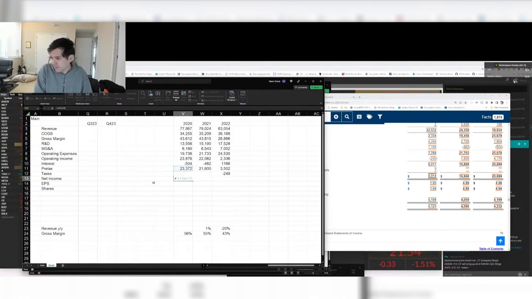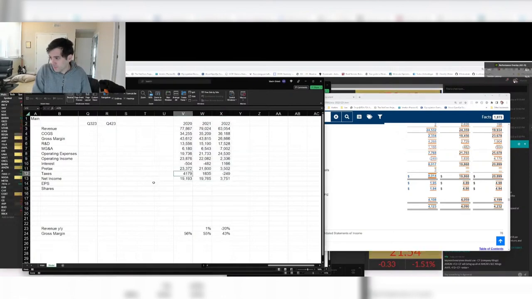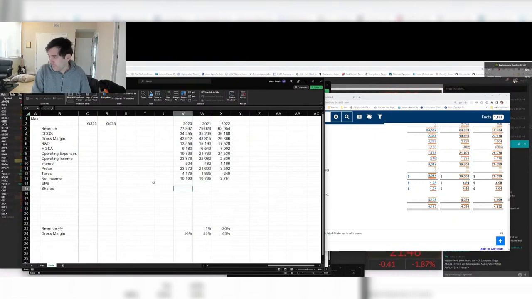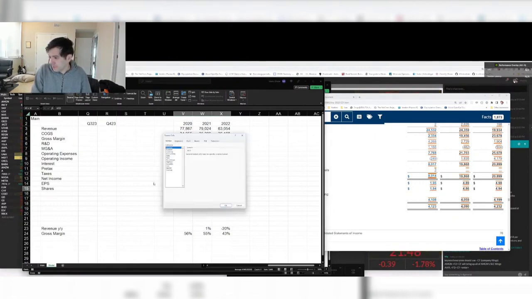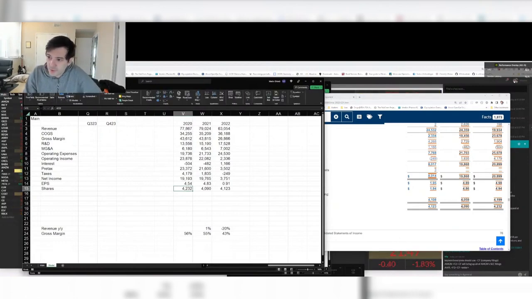Again, the non-GAAP concept. We have to basically adjust all this stuff for the fact that GAAP is very imperfect, especially for the investor. GAAP makes a lot of sense from an accounting perspective, but from an investor perspective, we have a lot of adjustments we have to make to try to reflect the steady state of the business. So anyway, those are the last 3 years for Intel.